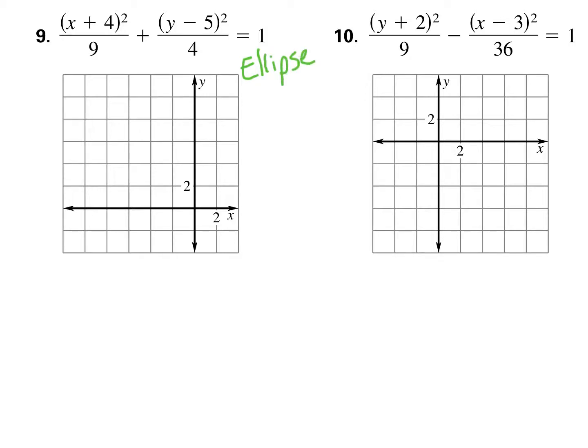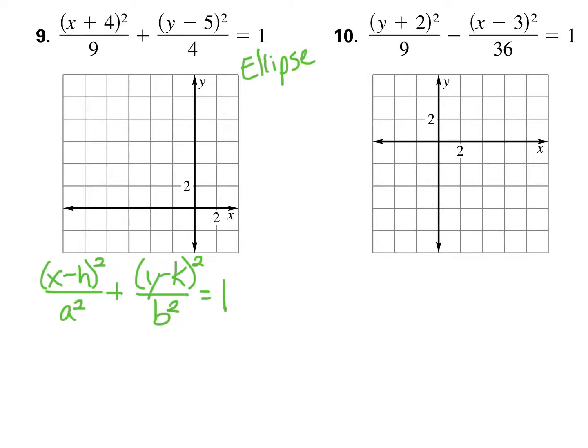Okay, and the reason that we know that is because the standard form of an ellipse, or one of the two standard forms of an ellipse, is x minus h squared over a squared plus y minus k squared over b squared equals 1.